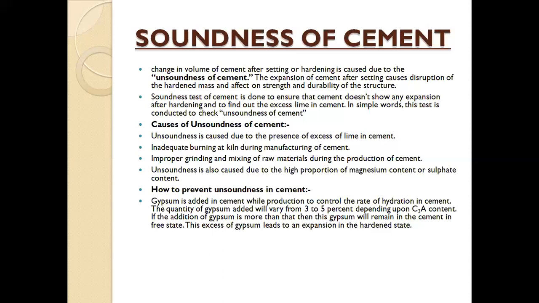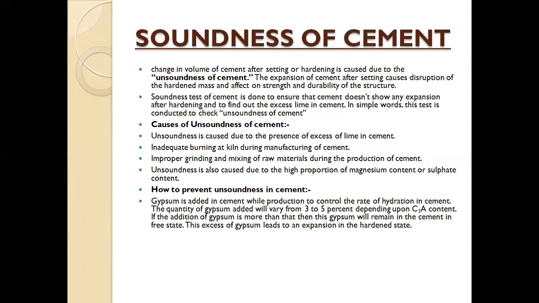Gypsum is added in a cement while producing the cement to control the rate of hydration. The quantity of gypsum added is between 3 to 5% depending upon the tricalcium aluminate content. If the addition of gypsum is more than that value, then gypsum will remain in the cement in a free state, and this excess gypsum leads to an expansion in the hardened state.